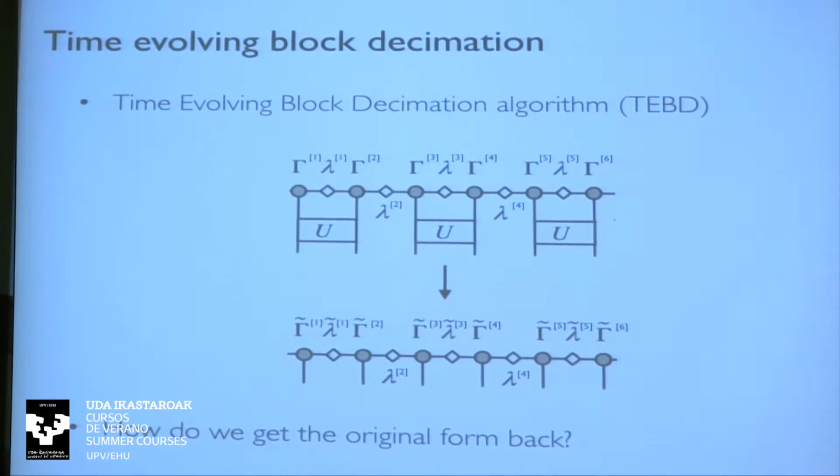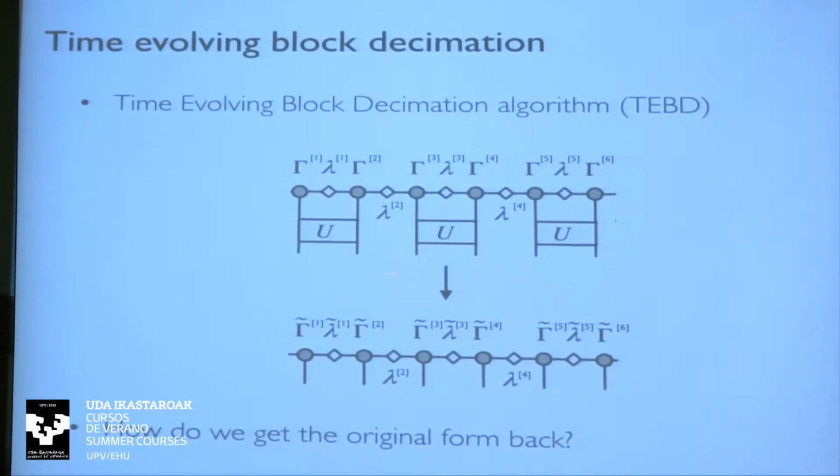But from this picture, we see that all we need is an algorithm that starts from a given matrix product state at a given time, applies these matrices U, and compresses it, or converts it back to this form that we had before. The moment that we have this algorithm, we know exactly how to do the time evolution, because once we arrived here, we can just go back and do the update on the odd bonds.